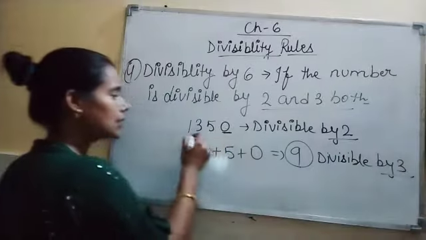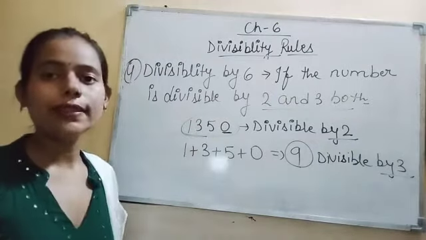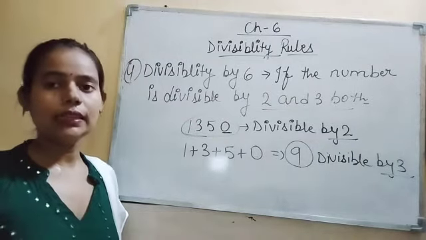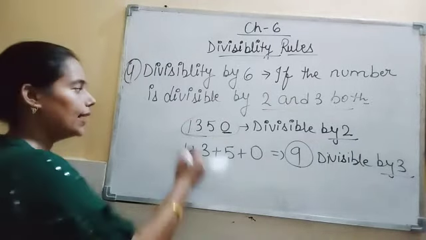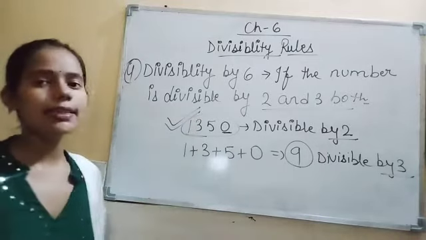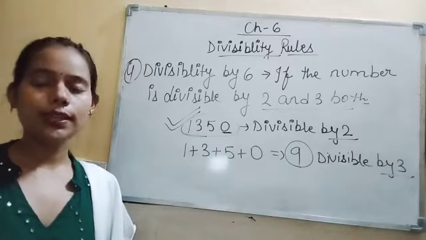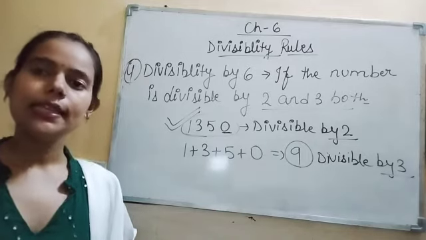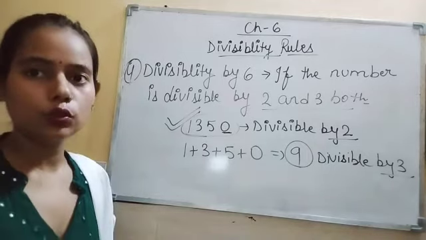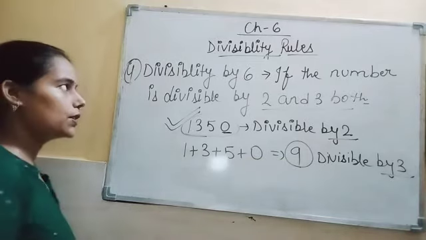So class, on this number both rules are applied perfectly correctly. So we can say that this number is also divisible by 6. If a particular number is divisible by 2 and 3, then it is also divisible by 6. So that is the divisibility rule of 6.